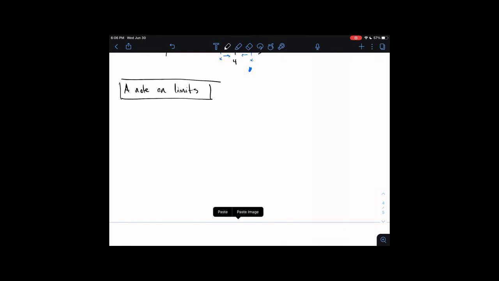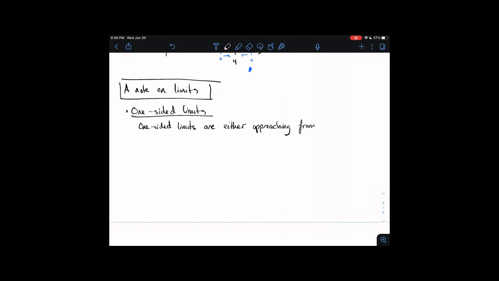Okay, so start with one-sided limits. One-sided limits are either approaching from the left or the right.